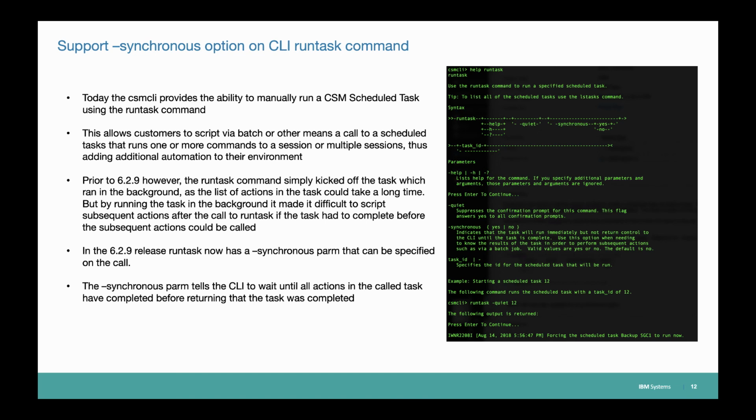But when you're doing scripting, which involves waiting for the scheduled task to actually complete and then doing another task that requires the scheduled task to complete, it makes it hard when you have an asynchronous task. So what we did is we added a -synchronous option onto the runtask, so that now when you issue the runtask and you specify -synchronous, the CLI will hold and wait there until the scheduled task is actually completed.